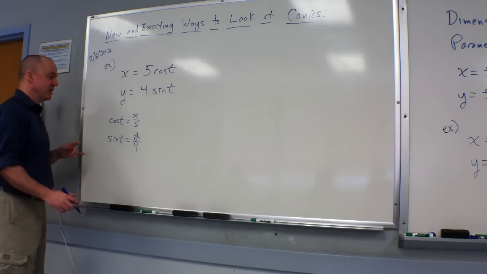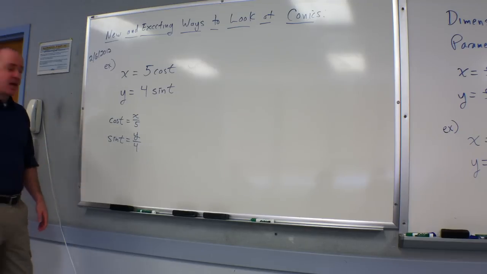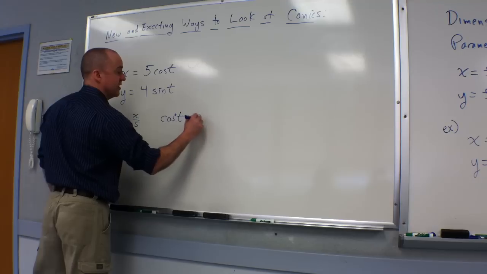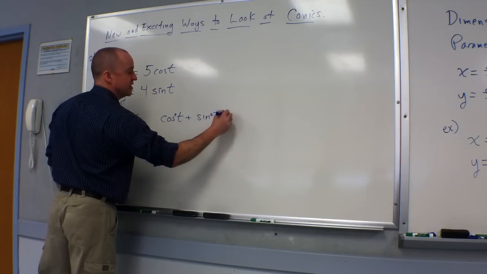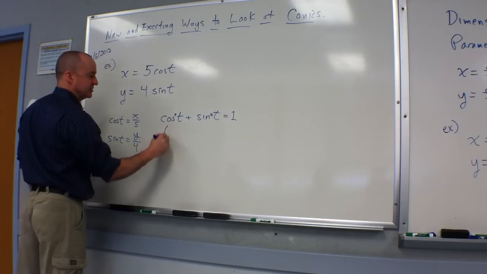This goes back to trig identities, but luckily there's only a few of them you have to remember. But for this one, if I go to cosine squared t plus sine squared t equals 1, go back to this identity. So we know it's going to be an ellipse.